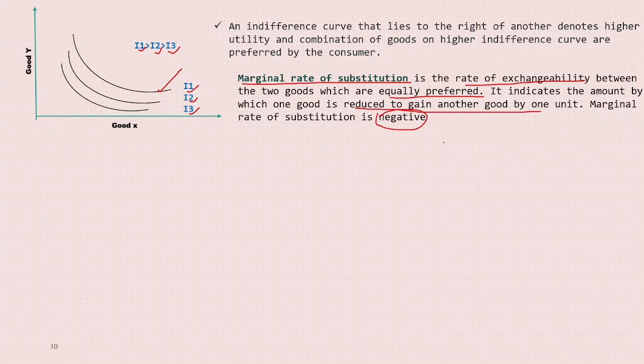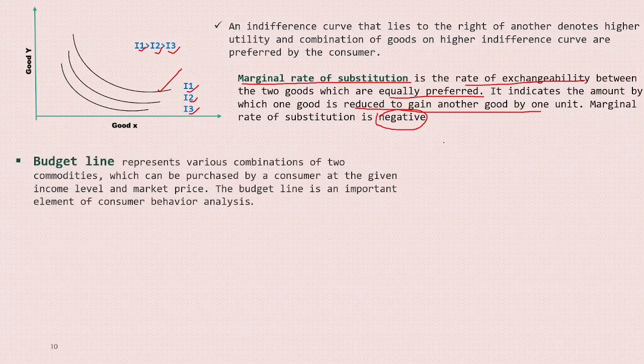Okay, so next is the budget line. It is another topic. The budget line represents various combinations of two commodities which can be purchased by a consumer at a given income level and market price. The budget line is an important element of consumer behavior analysis. What the budget line simply says is that it puts income level as a constraint.